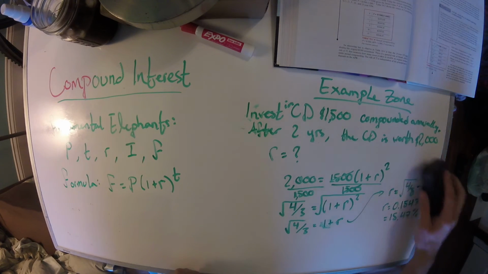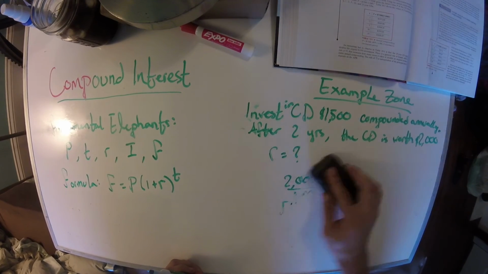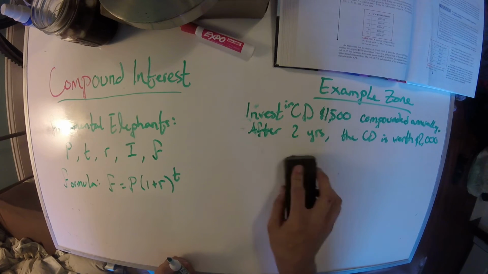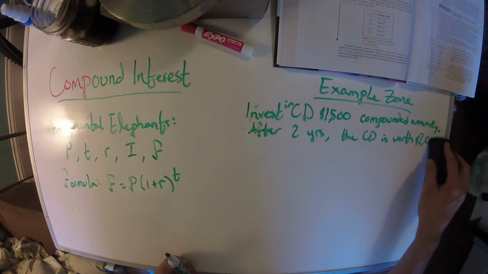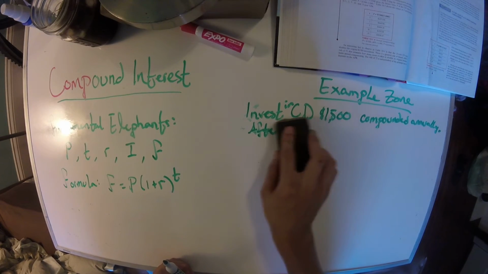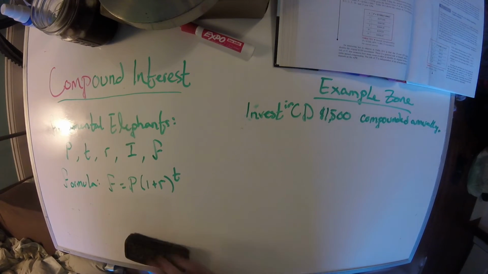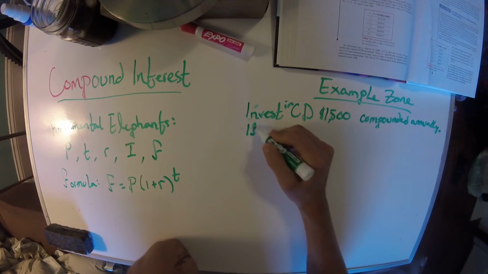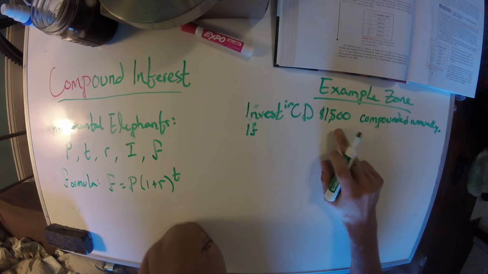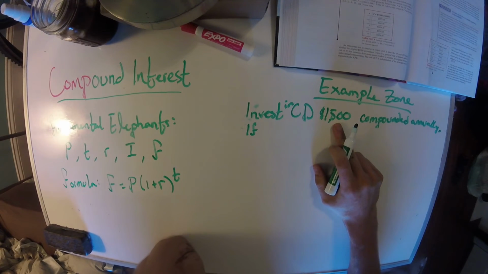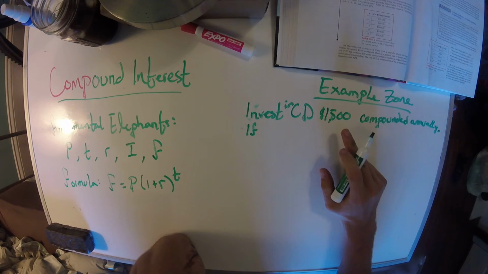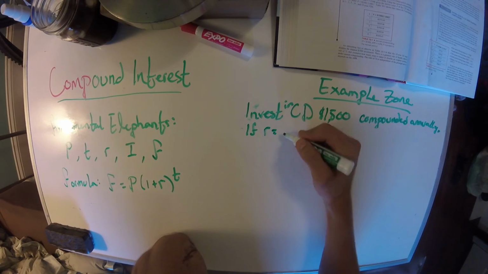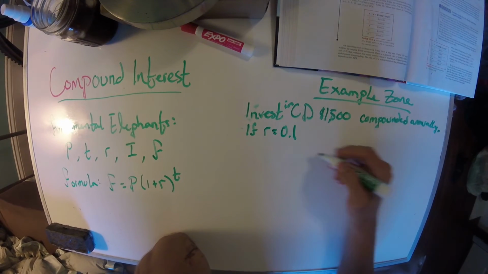So next, let's say that we had to actually solve for T. Let's change up the question again. We still have a principal of 1,500, but instead, next, we will set R equal to something. So let's say R equals 0.1, so 10%.